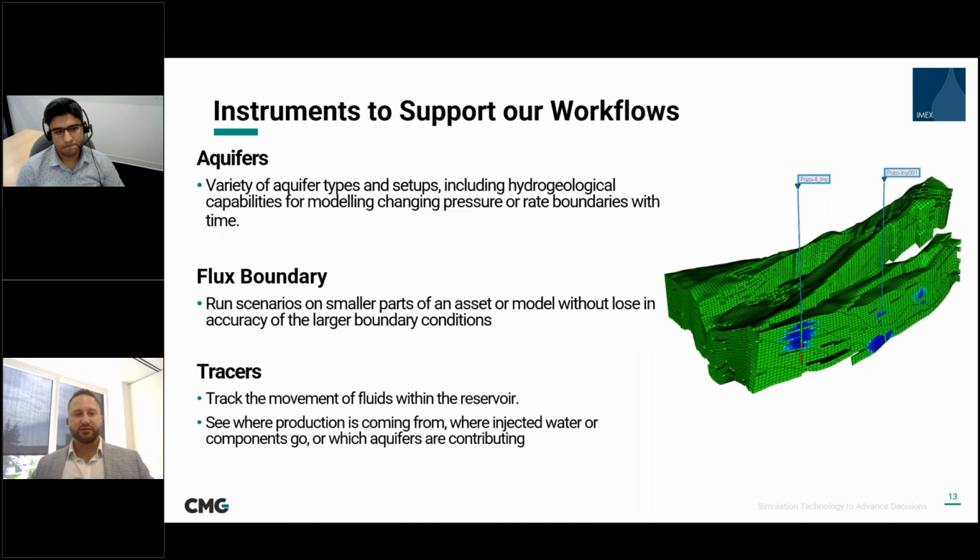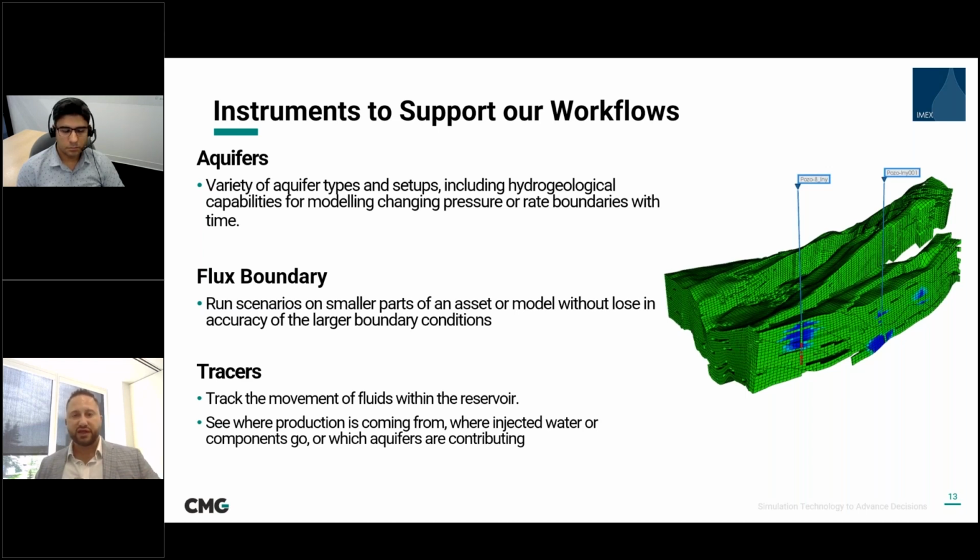In terms of some instruments within IMEX, which can help facilitate the analysis of these types of conventional fields, we have the ability of defining aquifers. So if you have an aquifer attached to your reservoir, you can see how that could impact your production.